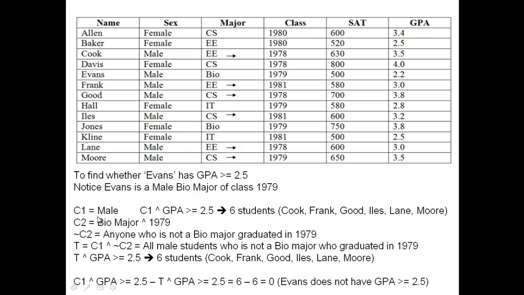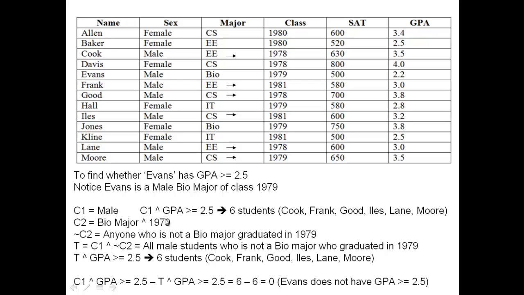So again, C1 is going to be male and C2 is biology major of 1979. So not of C2 is anyone who is not a biology major to graduate in 1979. Okay, so then tracker is male and not of C2. So all male students who are not a biology major to graduate in 1979. Okay, so that's the tracker.